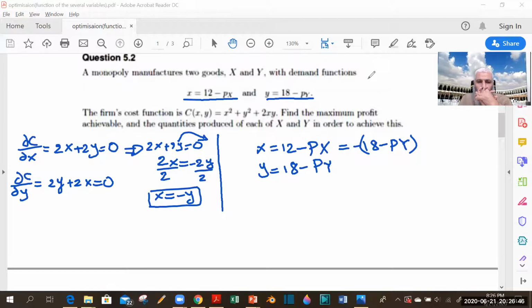For example, in a given X and Y, is it cost or price? This is cost. The firm's cost is this. The cost minus sales, or sales minus cost is profit, right? Yes.